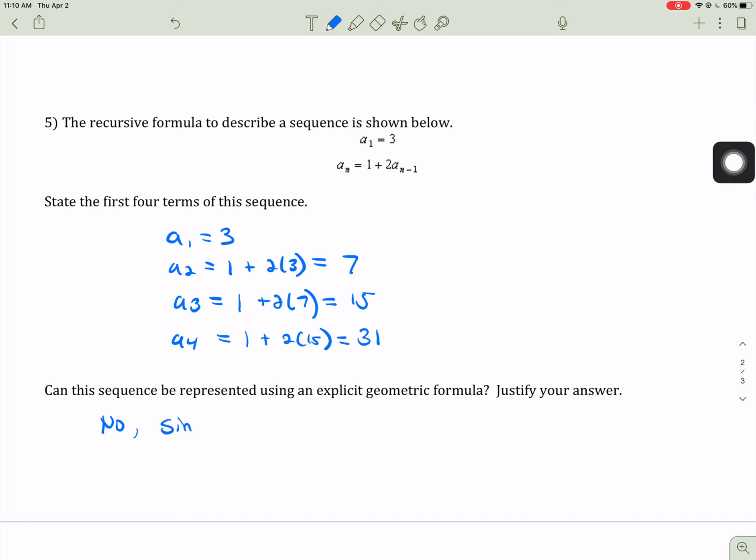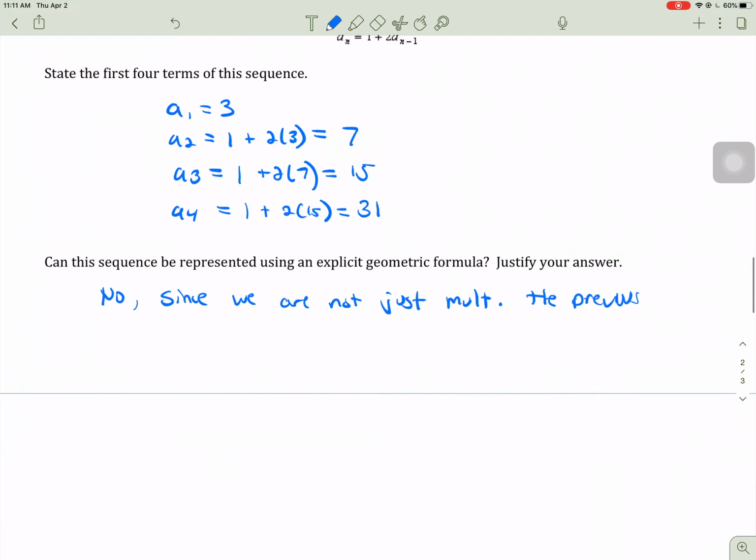No, since we are not just multiplying the previous term by 2, we are also adding 1. Okay, try the homework.